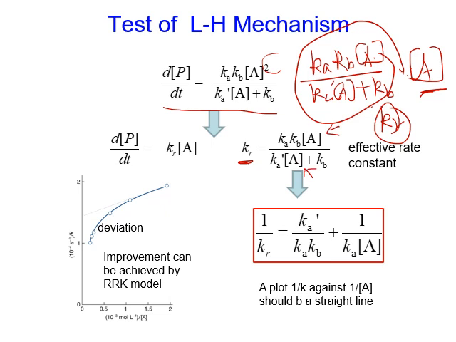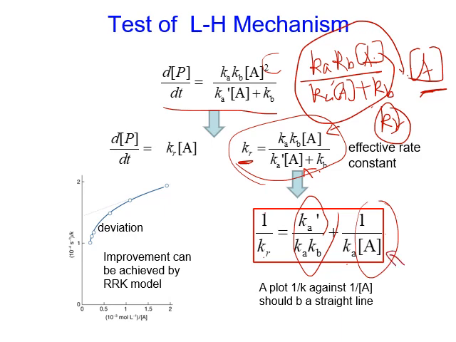Now we can invert this equation. The left side becomes 1 over Kr, and the right side has a first term, which is a combination of the three rate constants, plus 1 over Ka times 1 over A. So A is a variable.